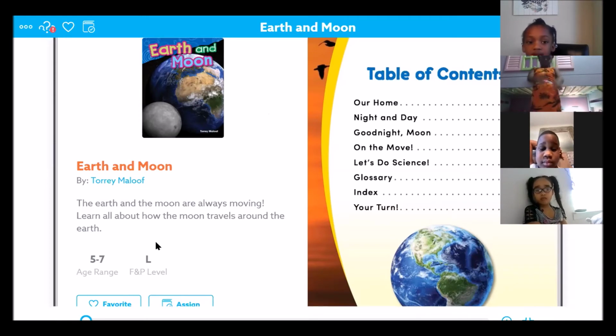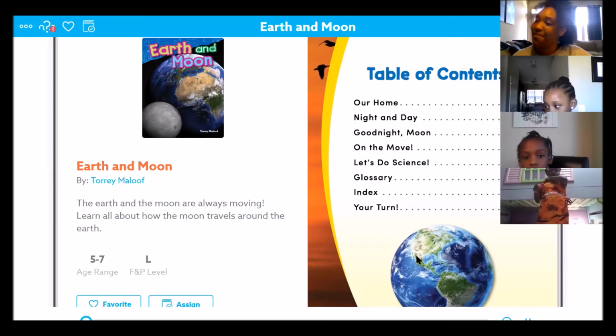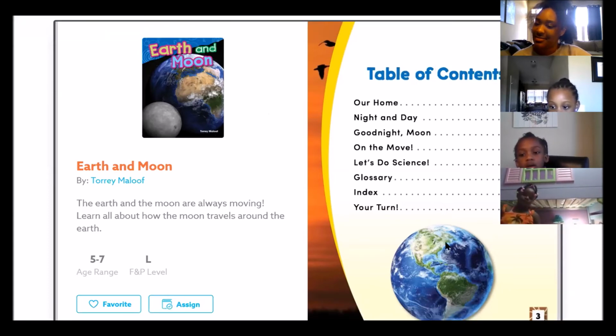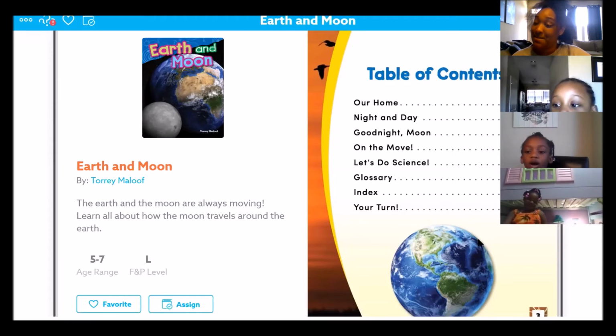All right, look at this page. What do you guys notice here? What's here? What is this called here? Remember we talked about this. Table of contents.